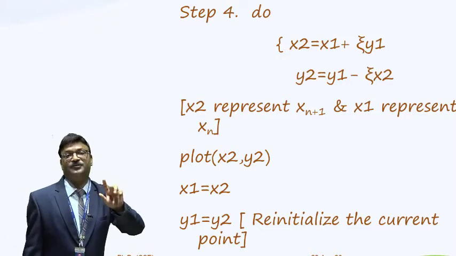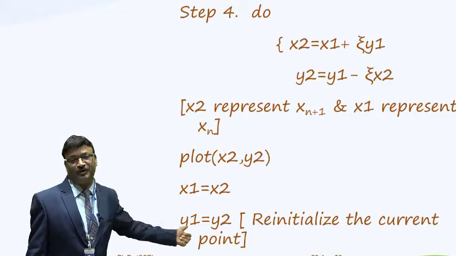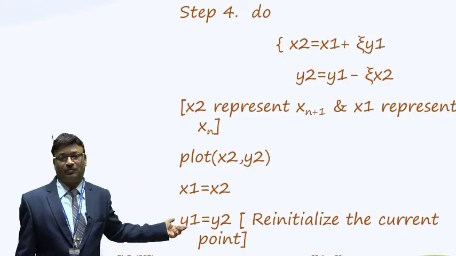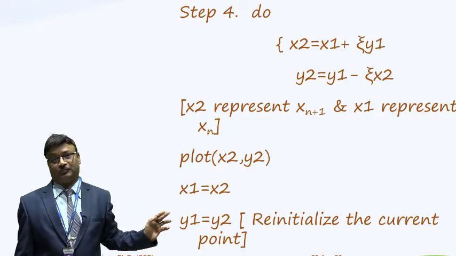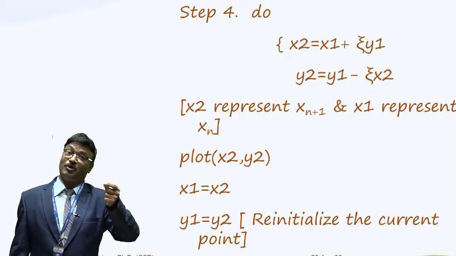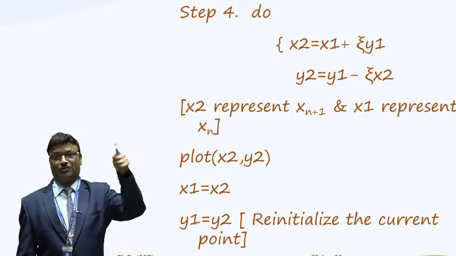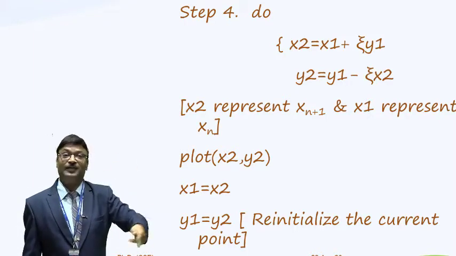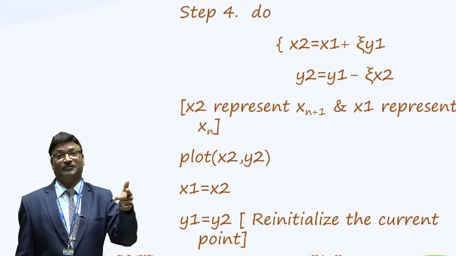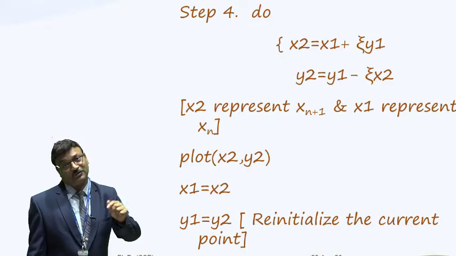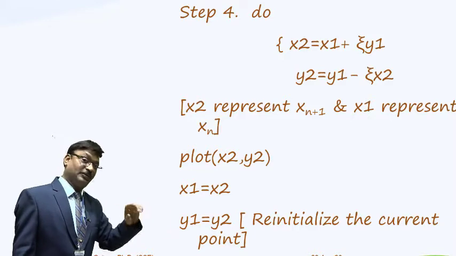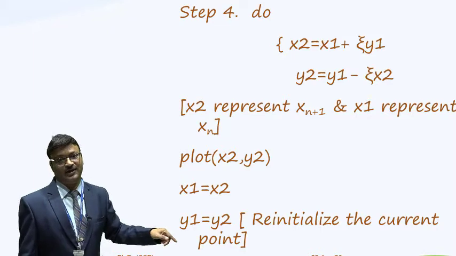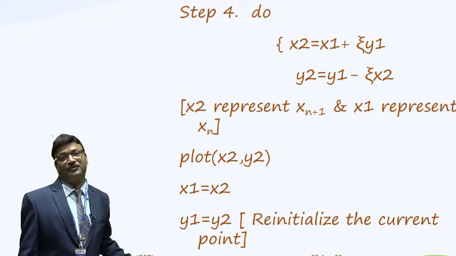So x2 represents x(n+1), and x1 represents xn. Now plot this point x2, y2 in 8-way symmetry, which means dividing the circle in 8 ways. Then replace the previous x1, y1 value with this new x2, y2, because you have to calculate the next: x1 equals x2, y1 equals y2.